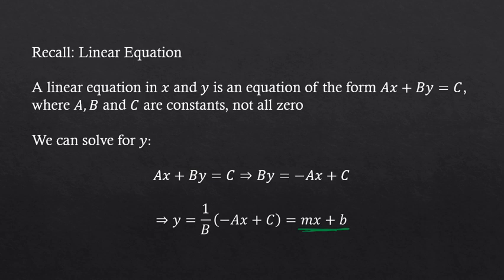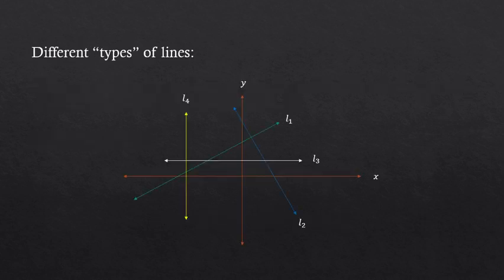Now there are different kinds of lines. I've sketched the 4 main different types of lines that we have here. We have line 1 here, L1, this line in green here. We see that as we move to the right, this line goes up. We have line 2 in blue here. As we move to the right, this line goes down.